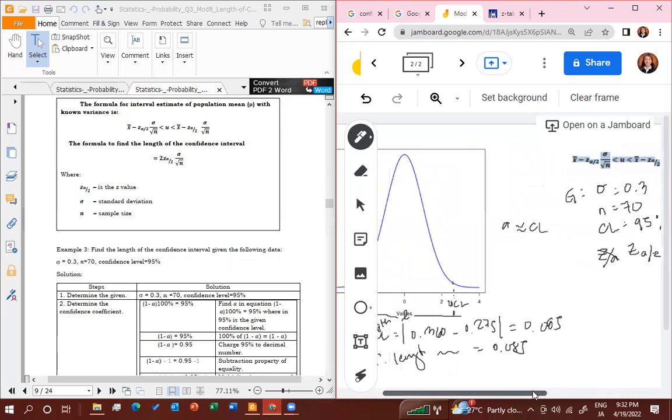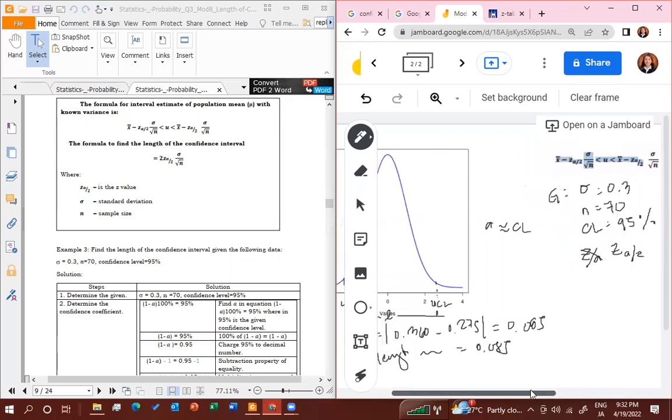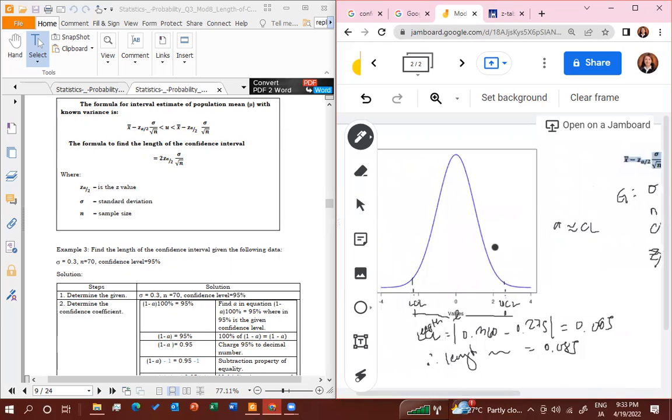For example, an A of 95% means you have a lower limit and an upper limit. You're assuming that all your values fall between these two limits.